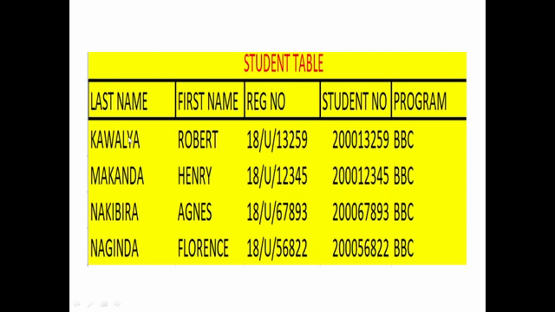And for registration number, it has both letters and numbers, so that is what you call a string. So the data type for string words is varchar or varchar2.